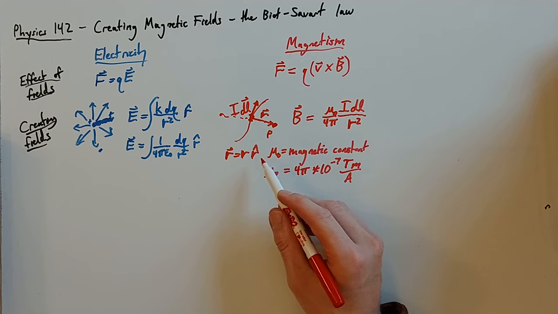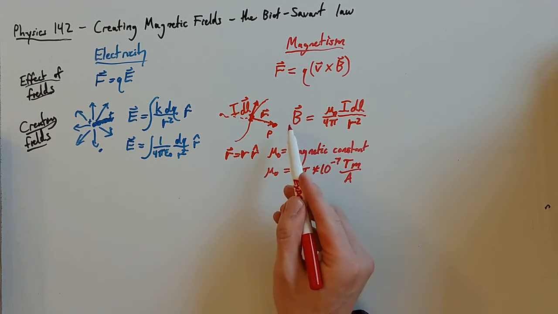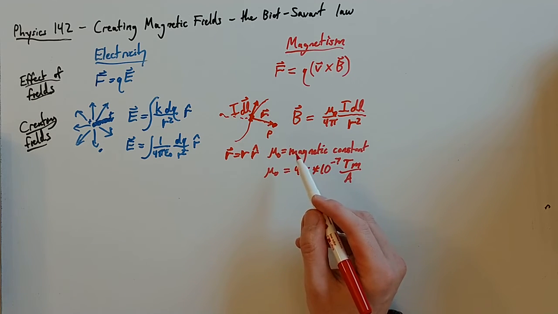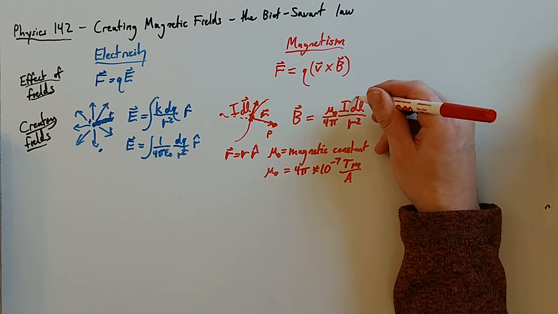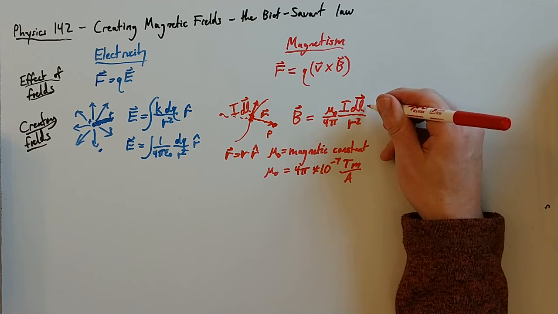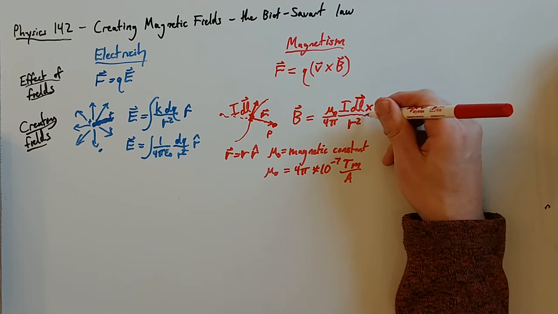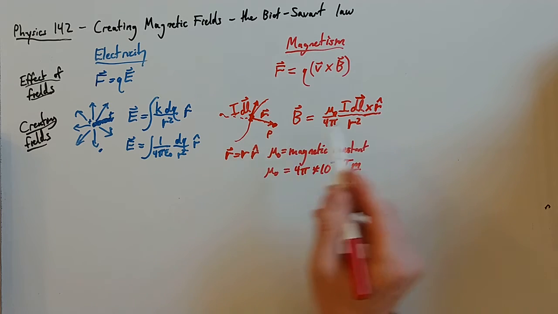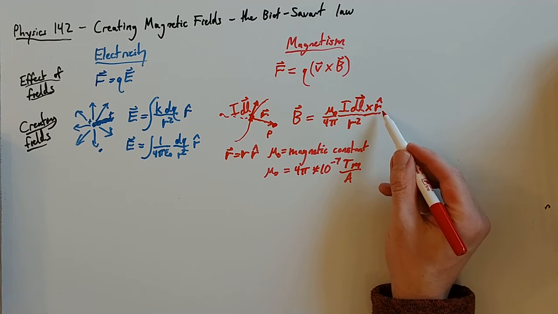The direction of the magnetic field around a wire always ends up wrapping around the wire. And so we'll think about this more in some future example, but the way the formula works out is we take the direction that the current is moving, the direction of this dl, and we take the cross product with the direction of the r vector, the r hat unit vector, all right, so we do dl cross r hat.